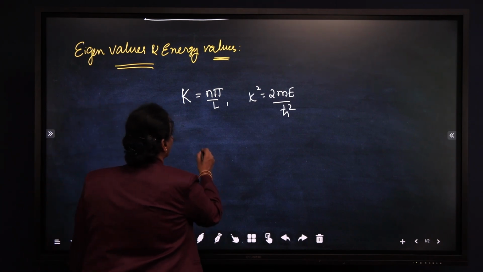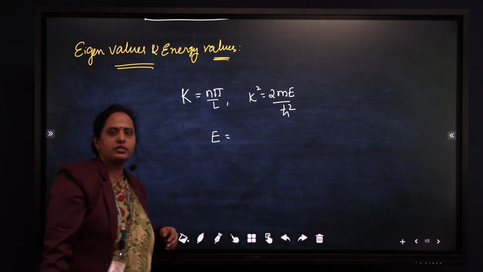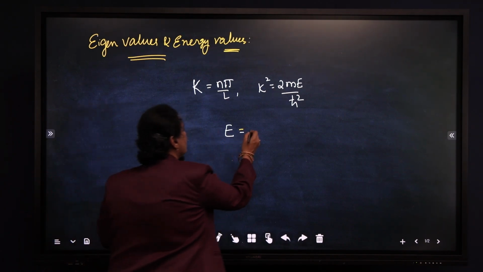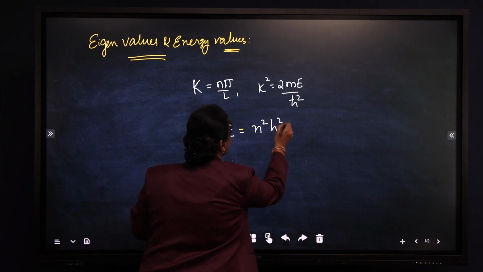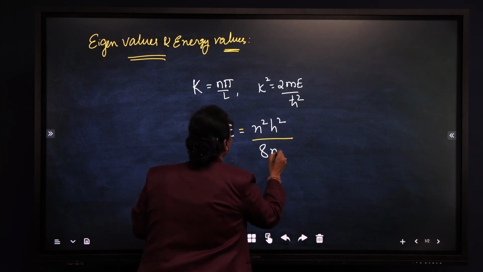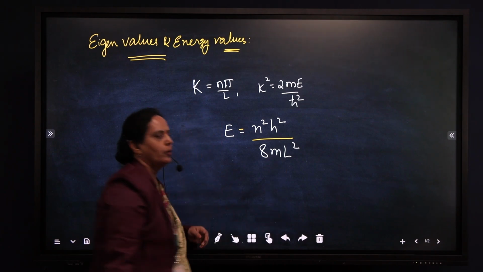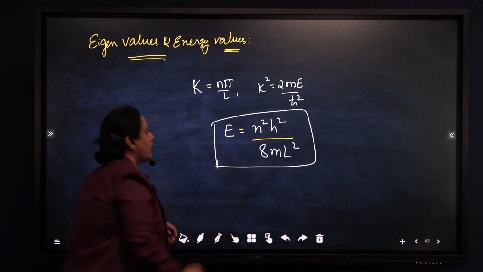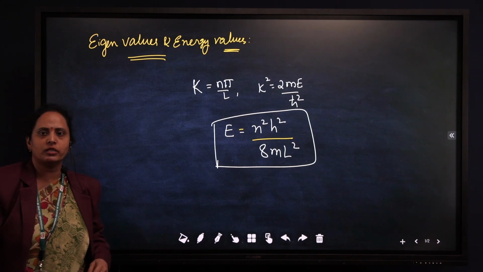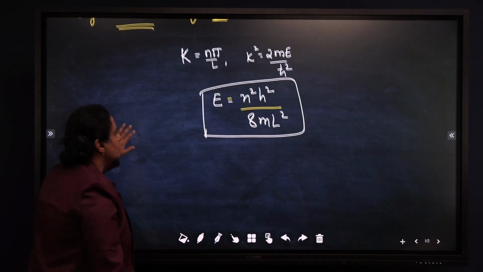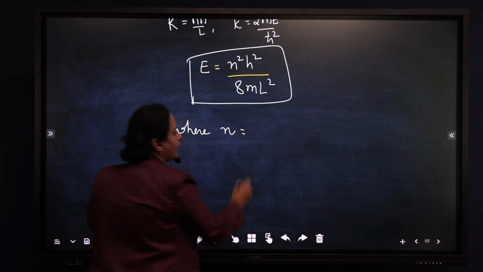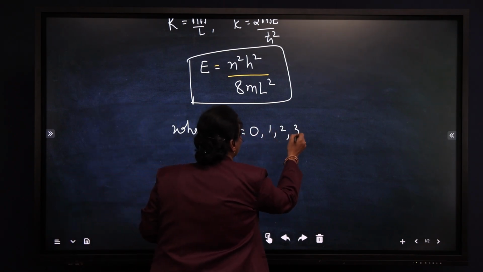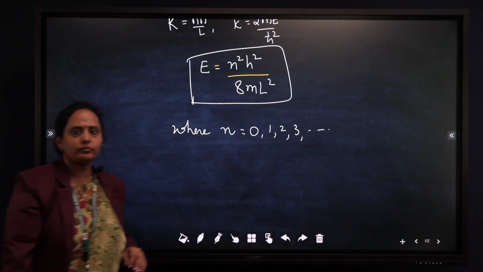So with both these equations, it comes out to be n square h square by 8 ml square. So the energy expression is calculated as E is equal to n square h square by 8 ml square, where n can take values 0, 1, 2, 3 and so on.